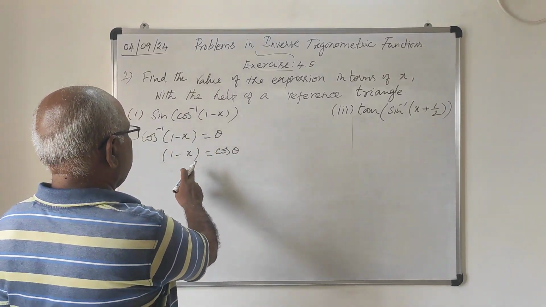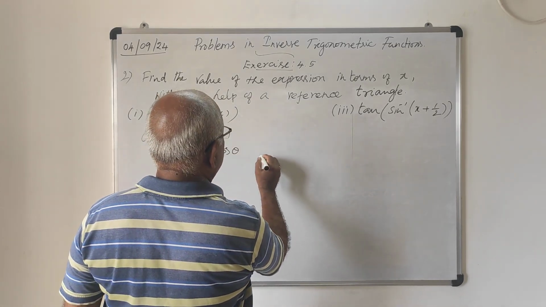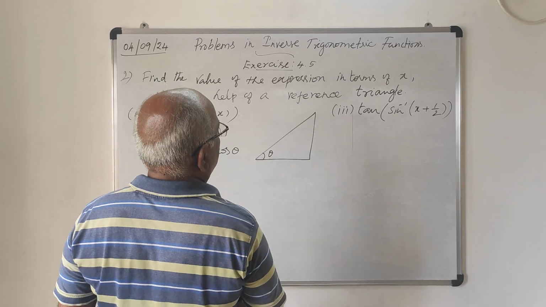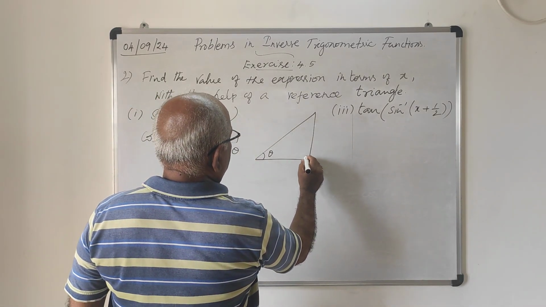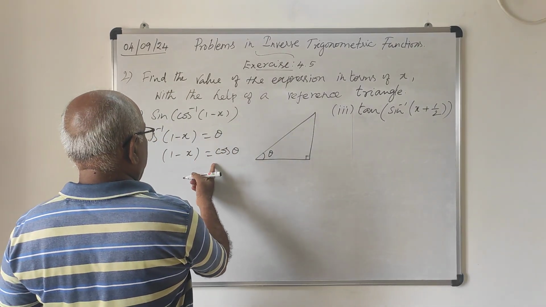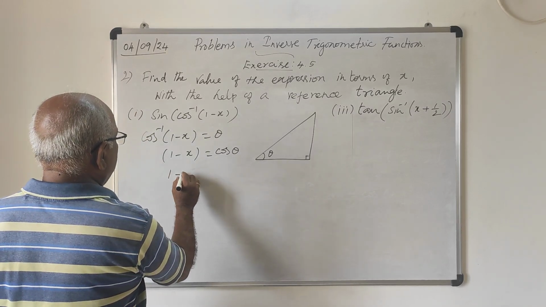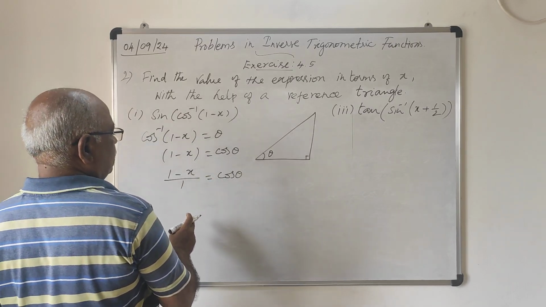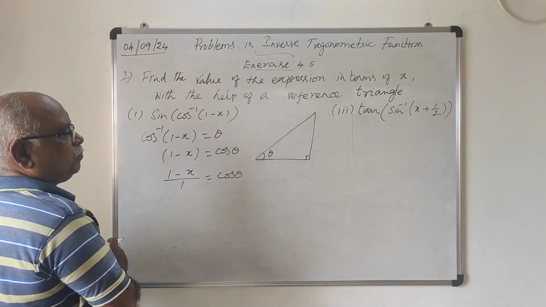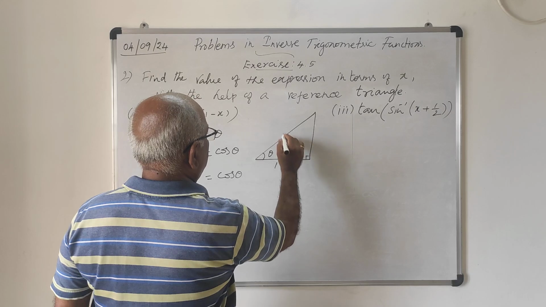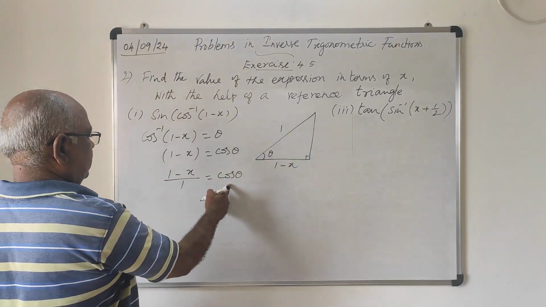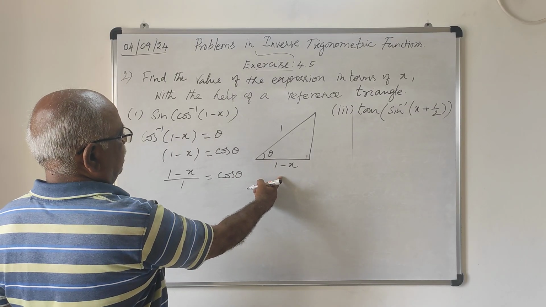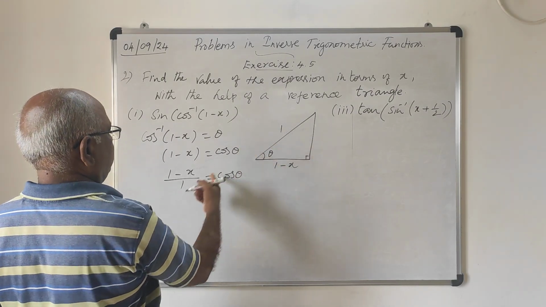So it can be expressed as a triangle. This is theta, this is a right angle triangle. So cos theta is 1 minus x by 1. Cos theta equal to adjacent by hypotenuse. Adjacent is 1 minus x, hypotenuse is 1.